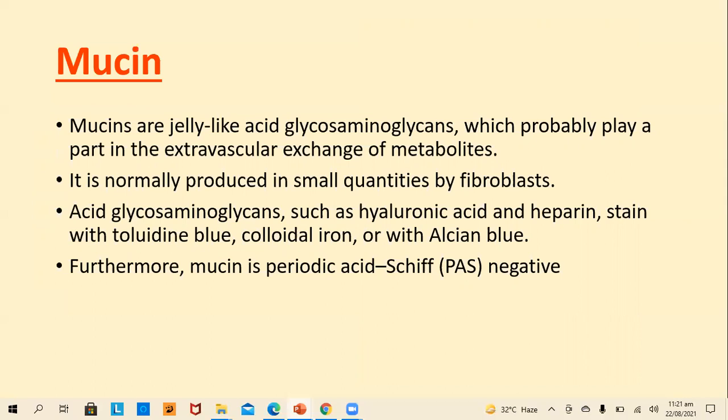Furthermore, mucin is periodic acid-Schiff, or PAS, negative. So the main stains for mucin are toluidine blue, colloidal iron, and Lichen blue, among which Lichen blue is the most commonly used stain. And furthermore, mucin is PAS negative.